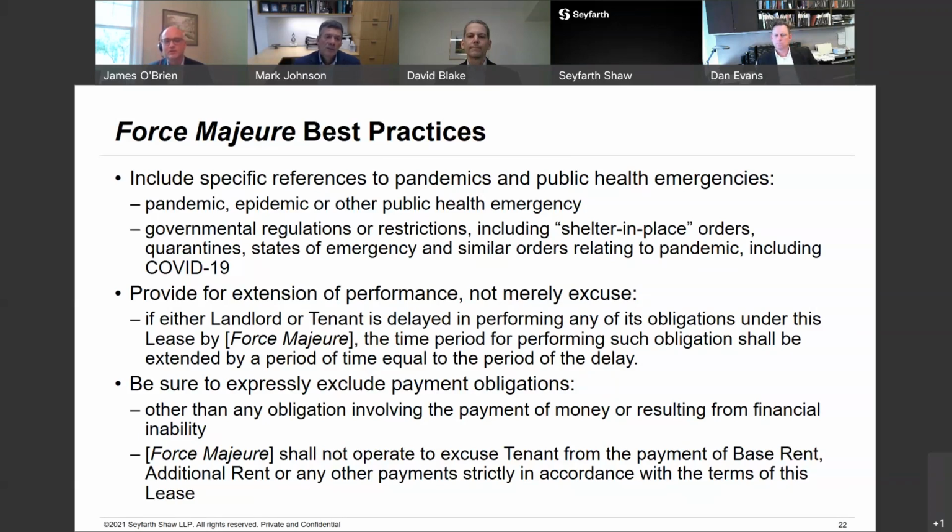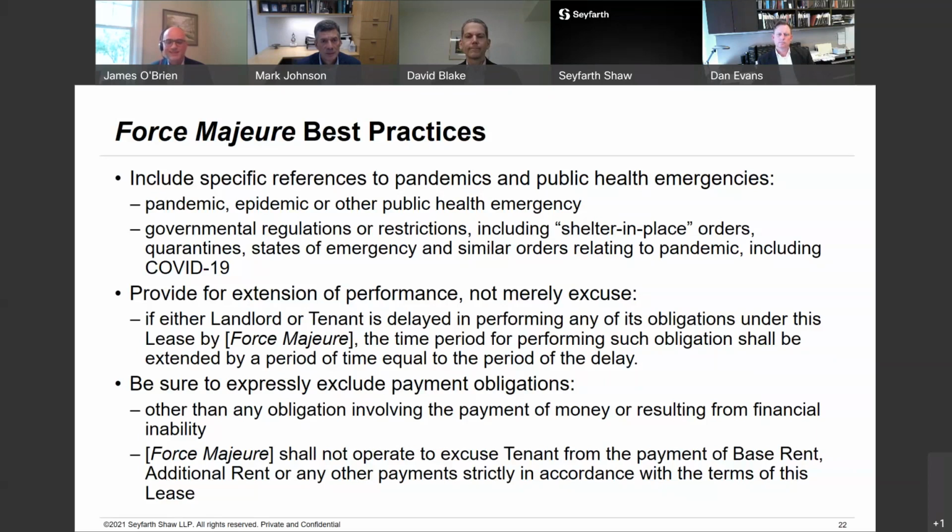So the more specific you get, that may benefit the tenant. However, landlords have obligations in leases as well, including delivery obligations. So frequently at the beginning of the lease, there could be issues with construction and build out and extension of time periods for those for landlords where force majeure benefits them too. So, probably best to be specific.